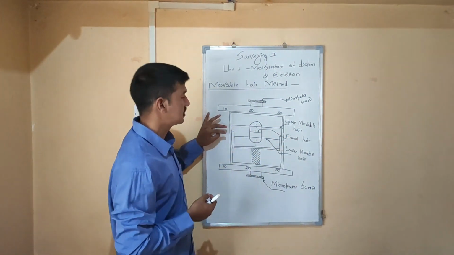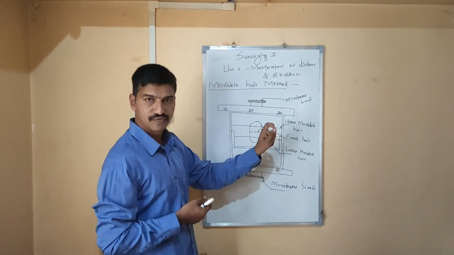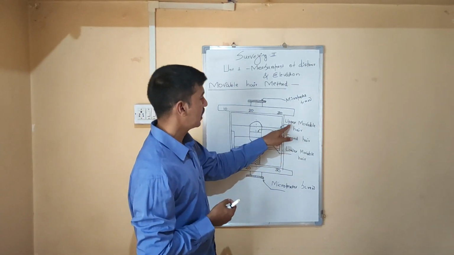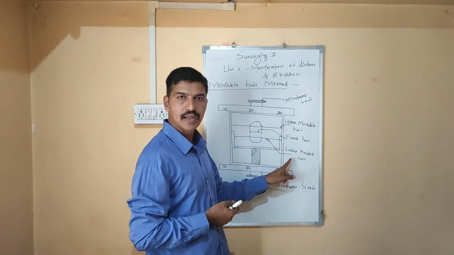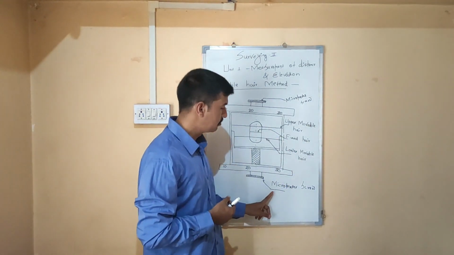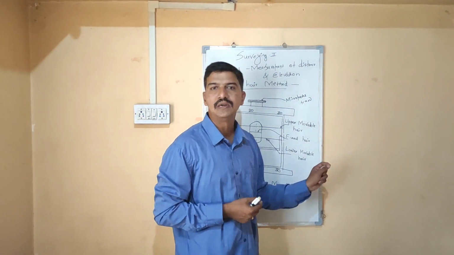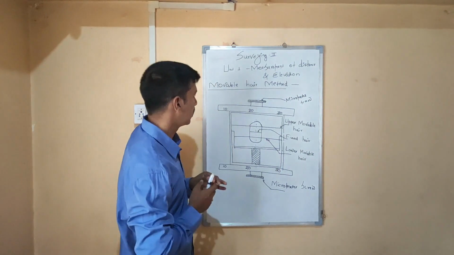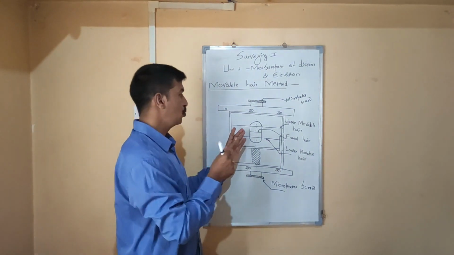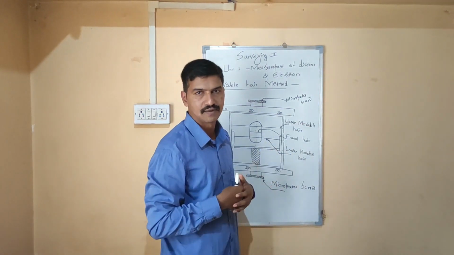Here again there are three hairs, one at the center which is the fixed hair, and the upper and lower are the movable hairs, which can be moved in a vertical plane by using these micrometer screws. Now, by using this subtense theodolite, we have to bisect the staff.